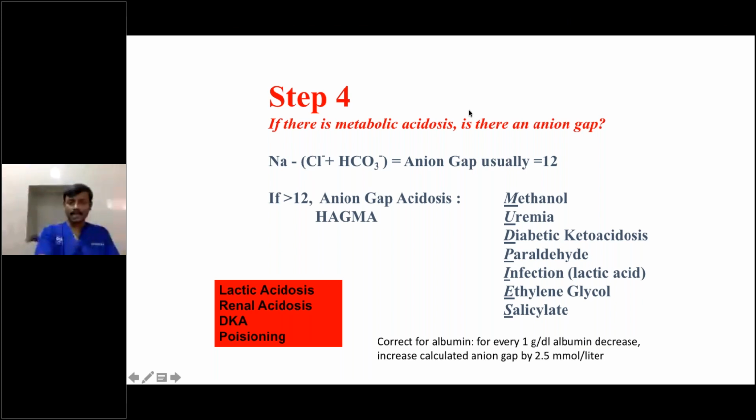So how do we calculate the anion gap? We calculate it with the sodium positive ion minus chloride plus bicarbonate negative ions. Why we are calculating the anion gap, we'll discuss later in the discussion.